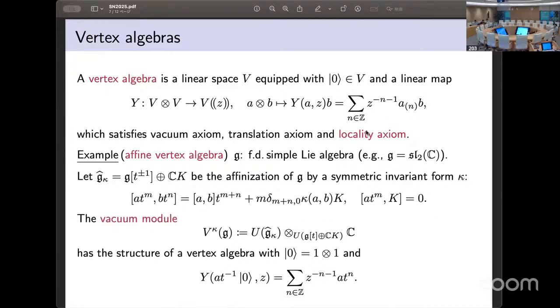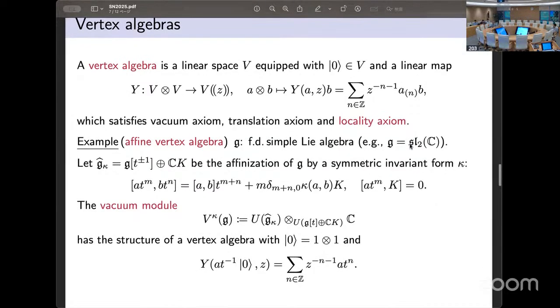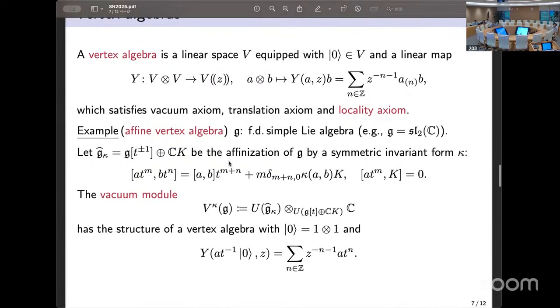So I'm confused because why is the map V tensor with something? That's Laurent expansion. But next you consider A tensor B maps to Y. I'm very confused. Why do you write it in that way?